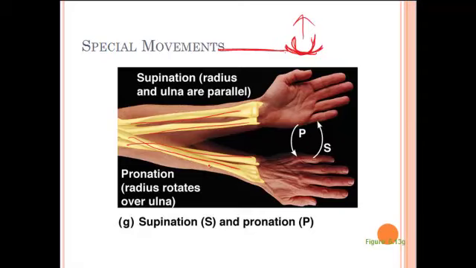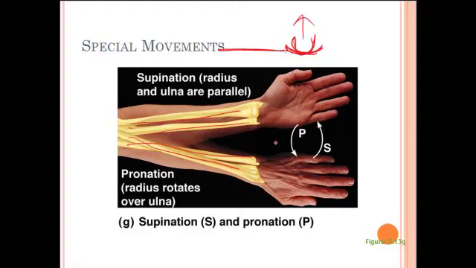People often break their wrist or break their forearm when they fall. When you fall and put your hands out to catch yourself, your hands are in that pronation position, not in supination. Because your radius and ulna are crossed, that's not as strong, and so when you hit that impact, you're more likely to break that forearm.